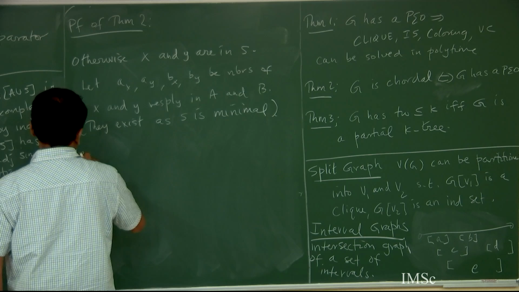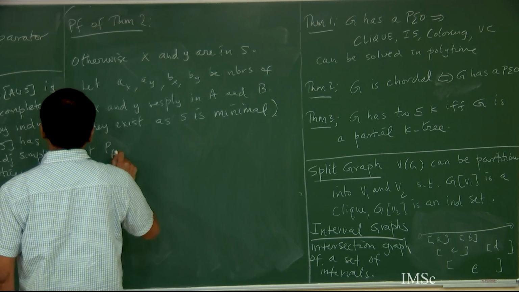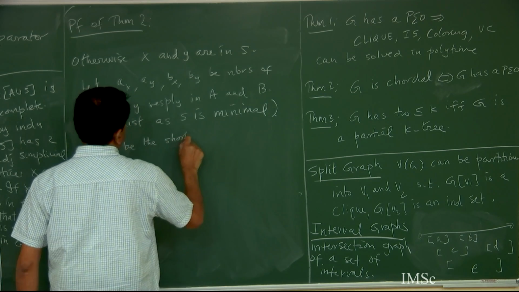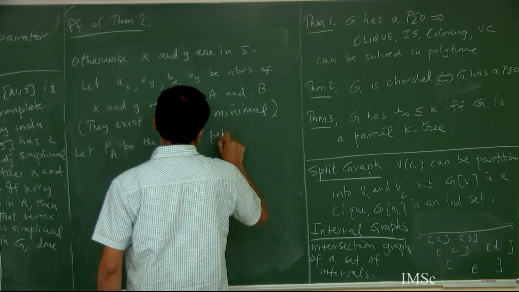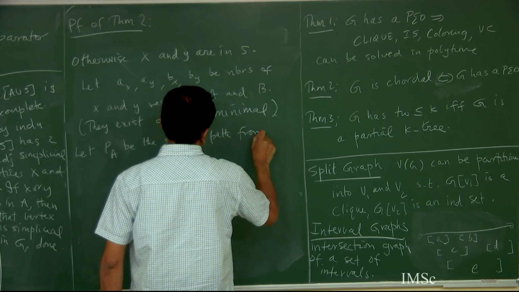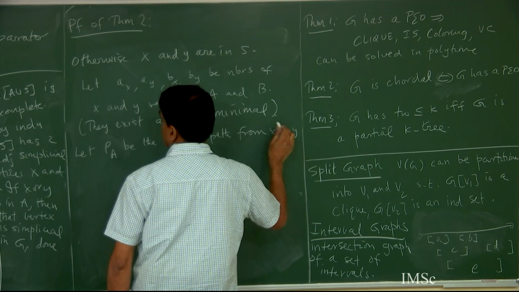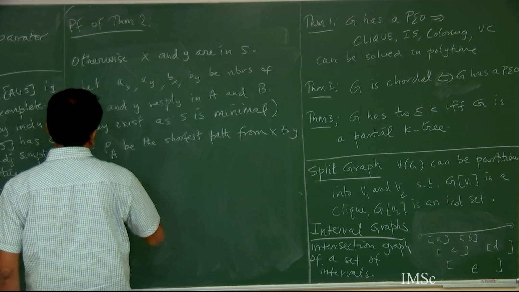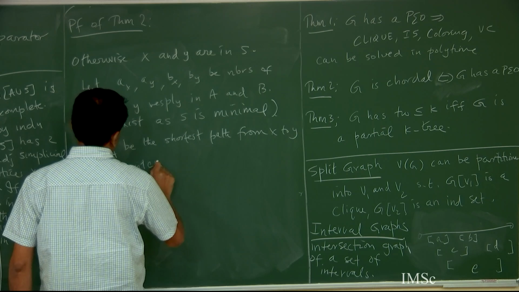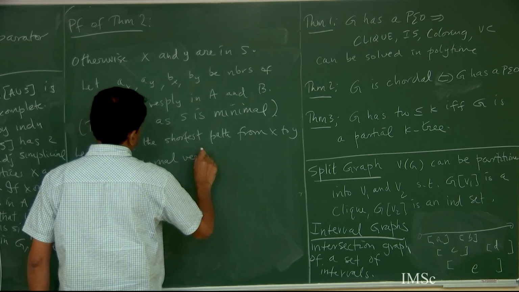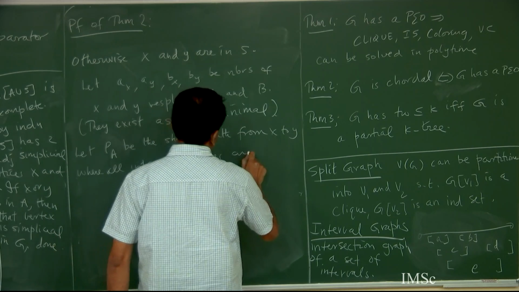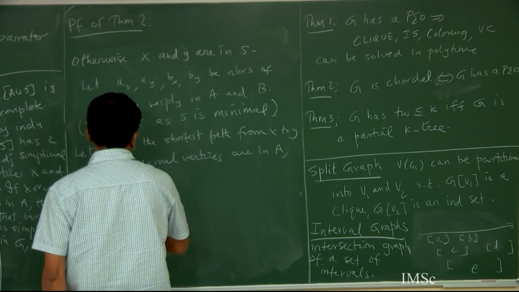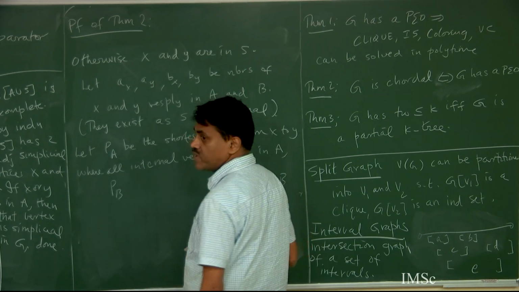Now let PA be the shortest path from x to y, where all internal vertices are in A, and similarly PB, all internal vertices are in B.